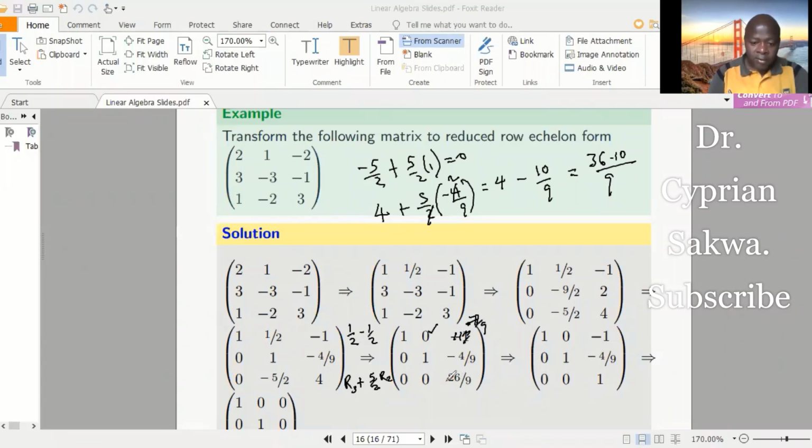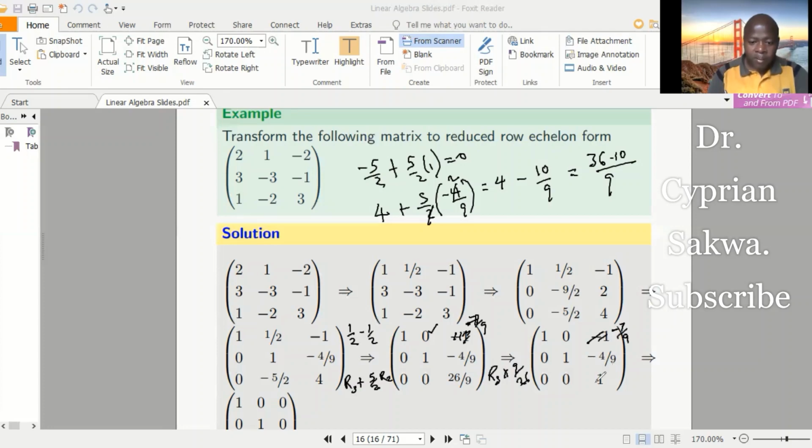Now we have this, make it 1 by multiplying this row, row 3, by 9 over 26. That gives me 1 here. And this remains negative 4 over 9. And this is what we changed to be negative 7 over 9.